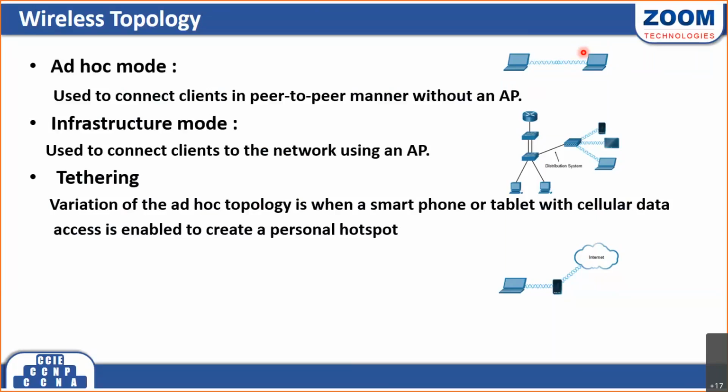Infrastructure mode is used to connect clients to the network using an access point. Tethering is a variation of ad hoc topology, where a smartphone or tablet is used to create a hotspot, laptop to mobile phone and mobile phone to laptop, like an internet hotspot.